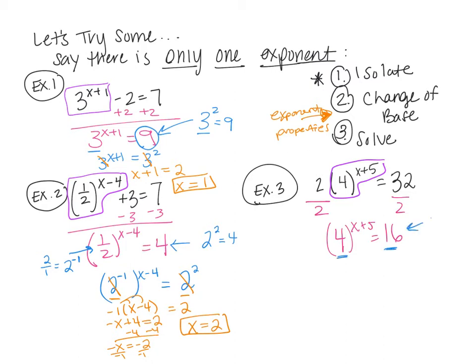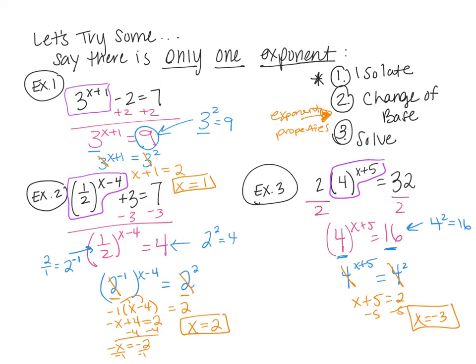Well, 16 is really just 4 squared. So I can leave this 4 to the x plus 5 alone, but I'm going to change this to be 4 squared. So now I can cancel off those bases, x plus 5 equals 2, and solve it. So x is going to equal negative 3.